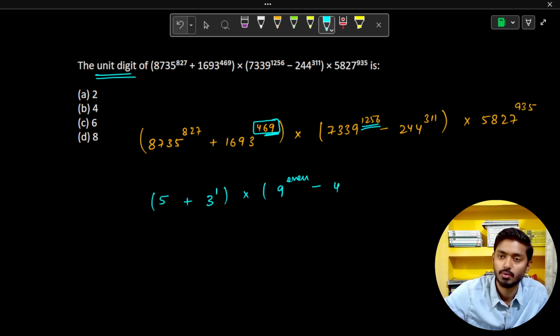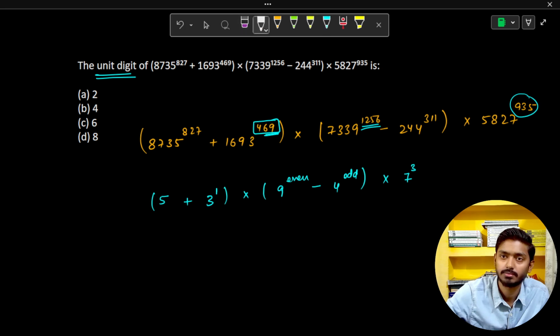We'll write odd over here, multiplied by 7, which takes a cyclicity of 4. So we'll have to divide this entire thing, 935 by 4. 35 divided by 4 would give us 32, and 3 would be our remainder, right?